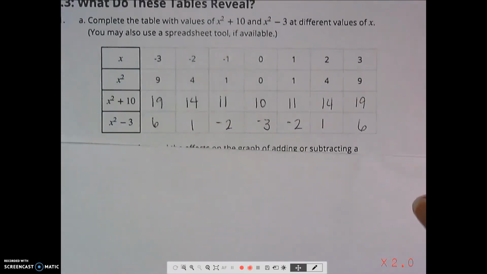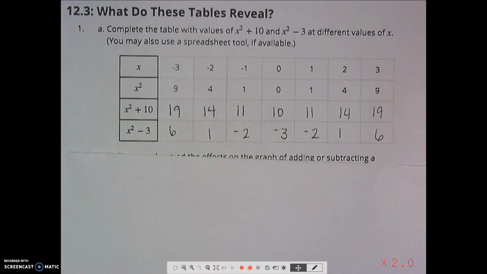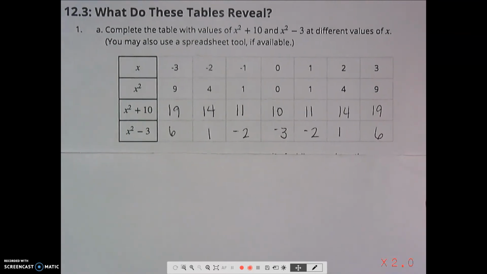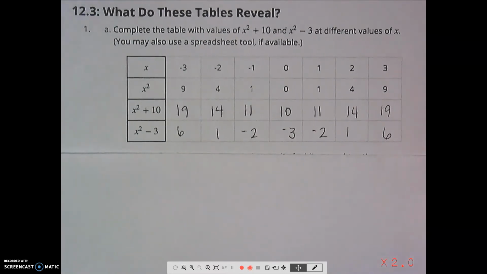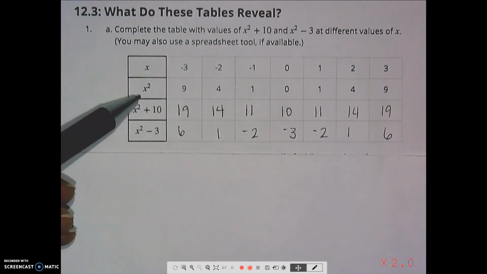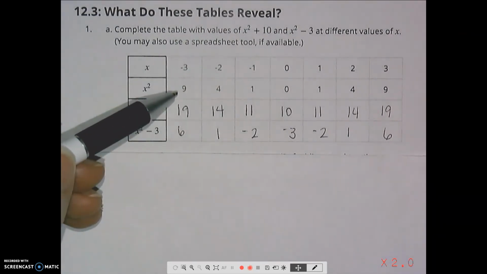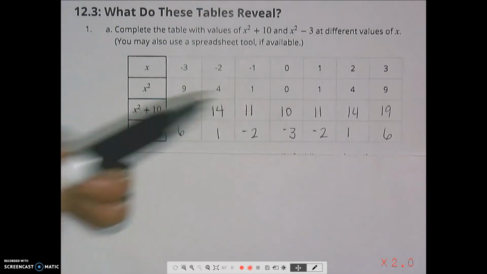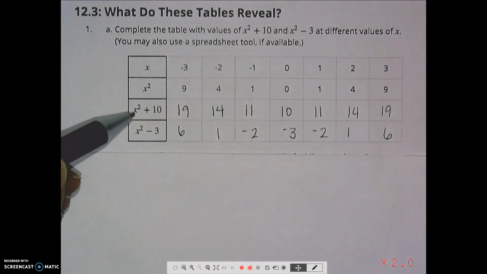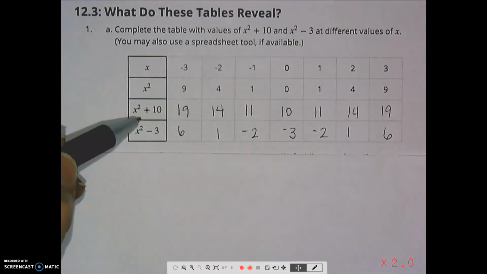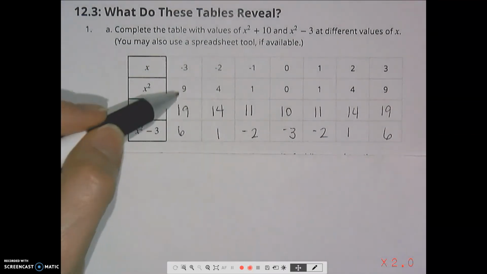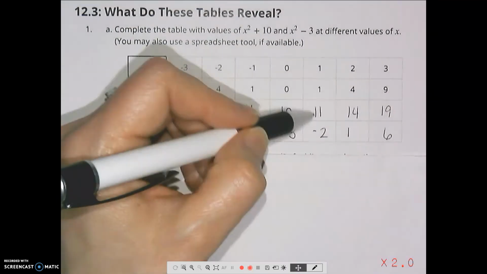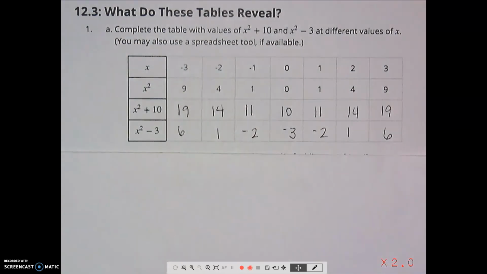The other thing we're going to talk about here is, what do these tables reveal? I've already worked on completing the table with these values. They gave us x and x squared, so you just take each of those x values and square them to get this. Then this is asking us to take x squared and add 10 to it, so you've just added 10 to each.